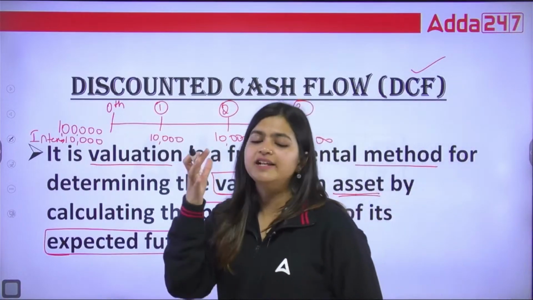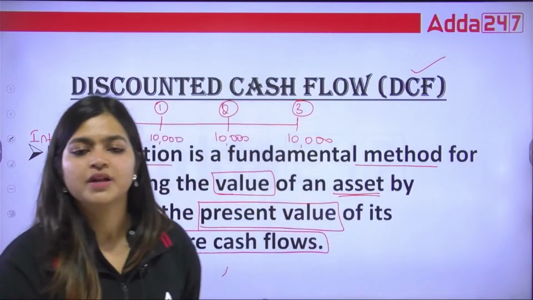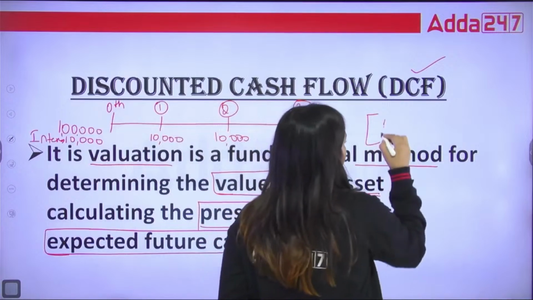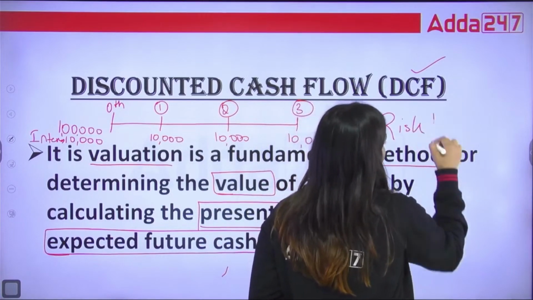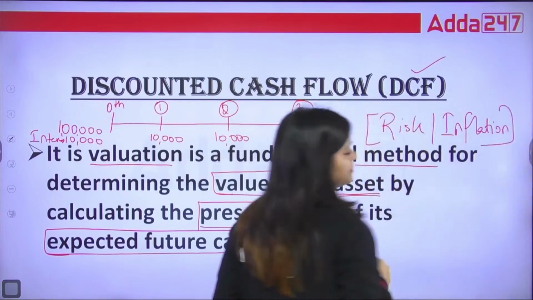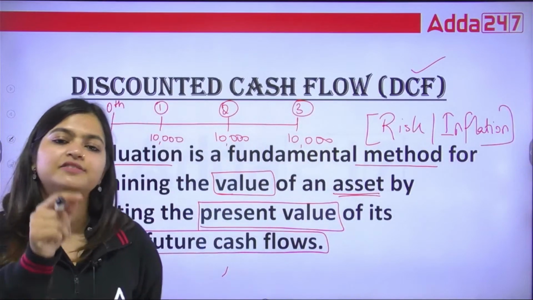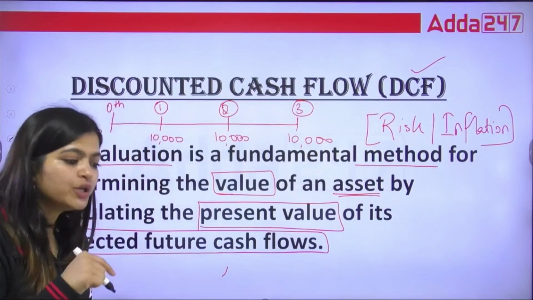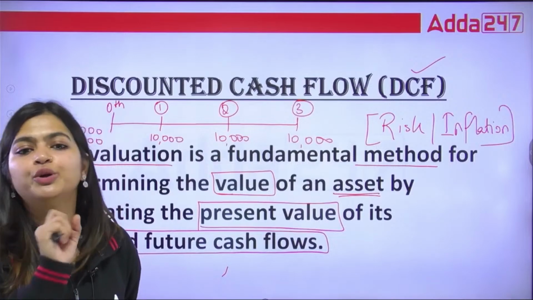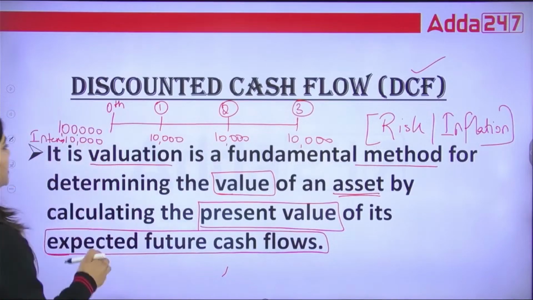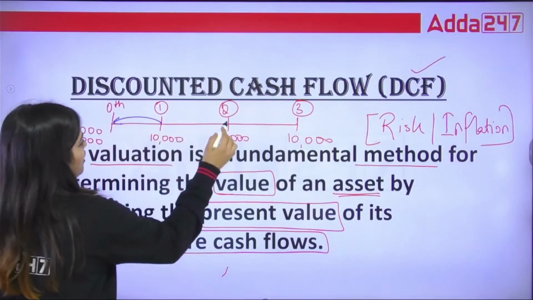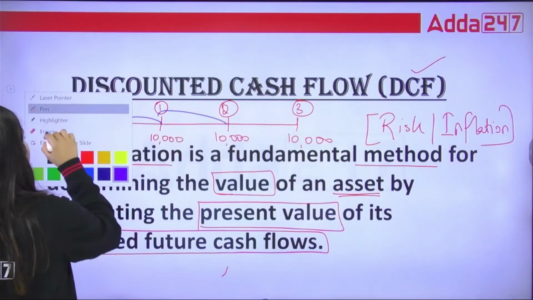But the true sense of calculating any value is after giving the effect of your risk, inflation and other factors. That is the true value. And in this unit, we are learning how to identify that true value. Okay? So remember, in this we need to solve by discounting.